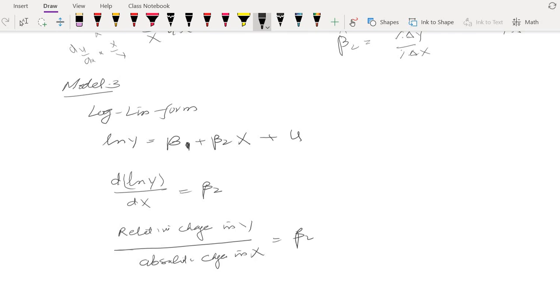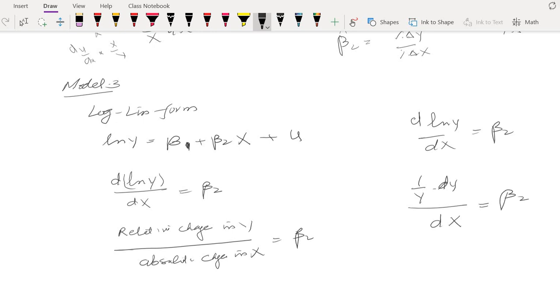Whenever we take d on a log of y, that is a relative change, because d ln of y over d of x is given as beta 2, and if I expand it, that would be 1 by y into dy. That's why it's called a relative change, because delta y is y2 minus y1, over y1.